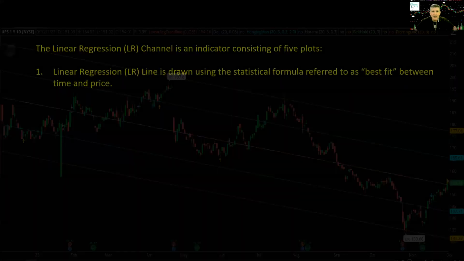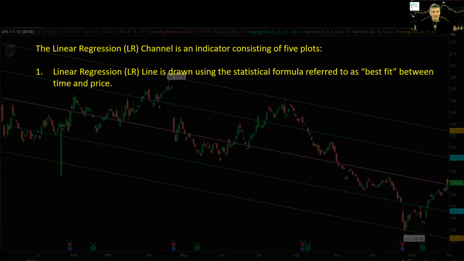But check this out. Now, what we're going to talk about first of all is that there are 5 lines or plots, as is commonly used, to define a linear regression. The first is the linear regression line itself.